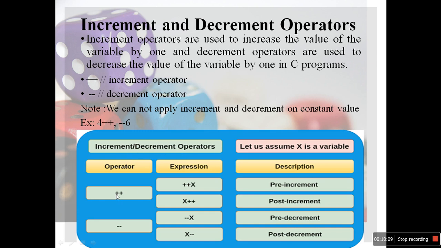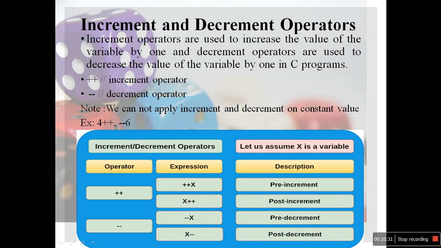So there are categories of increment and decrement operators. Okay, there are two types. Double plus means increment and double minus means decrement. There are a few more categories: plus plus x and x plus plus. Plus plus x means pre-increment, and x plus plus means post-increment.